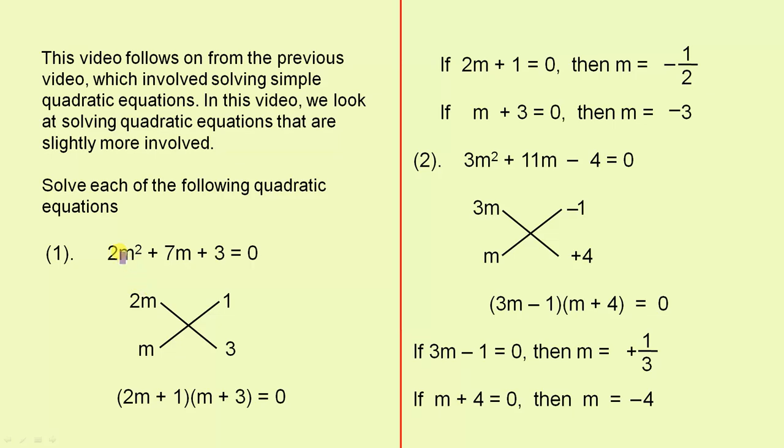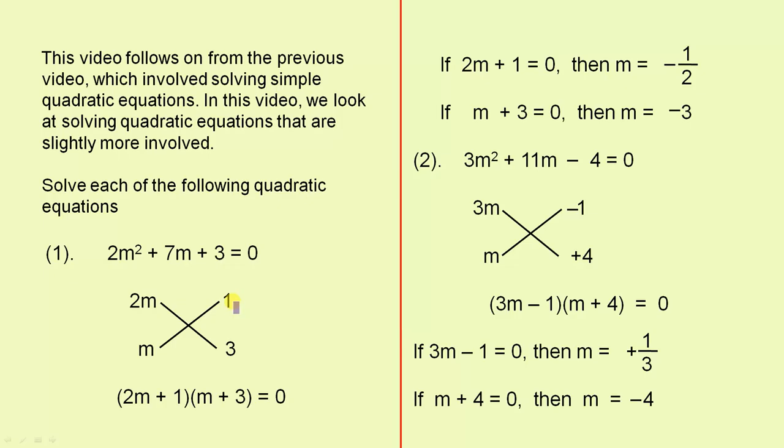So what are two terms multiplied together to give us 2m squared? Well, one of them is 2m and the other one's m. What are two numbers multiplied together to give us 3? We have a 1 and a 3. Now let's check if that's correct, because it's also possible to have a 3 up here and a 1 down there.